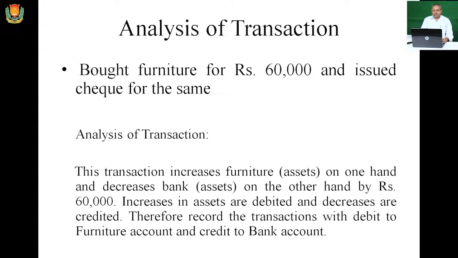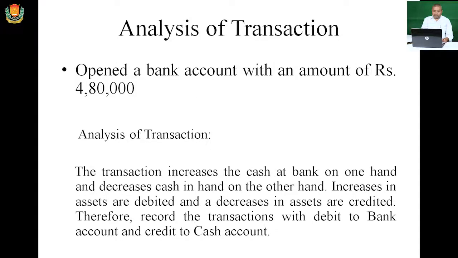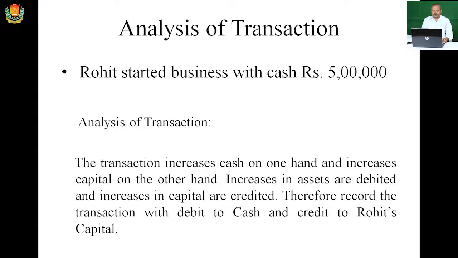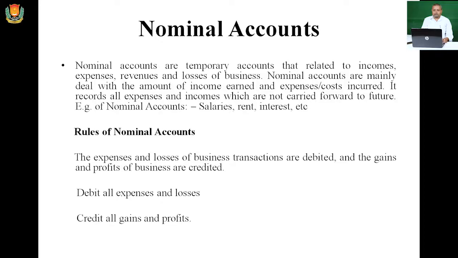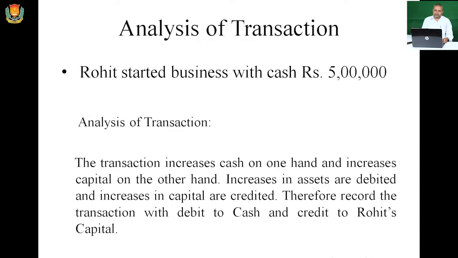Whatever transaction we take, that may be analyzed with both the approaches. They are the traditional approach, which we call the golden rule of accounting, or it may be recorded with the help of the modern approach, in which we have categorized the transactions into 5 categories.